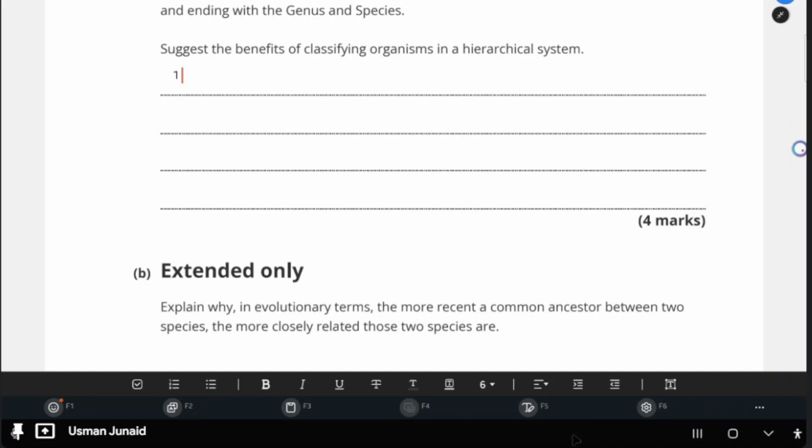So we can explain evolution with it. Yeah, we can identify different animals.